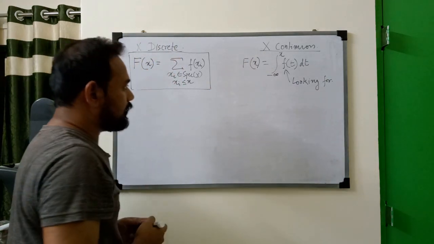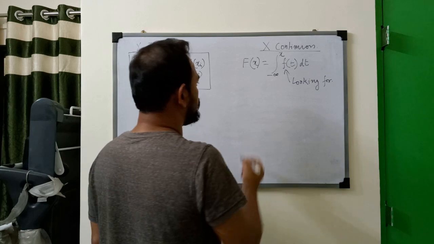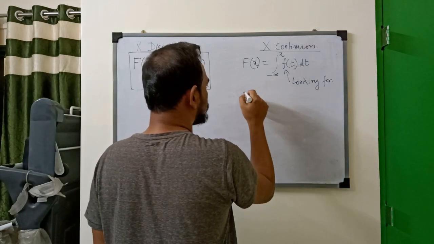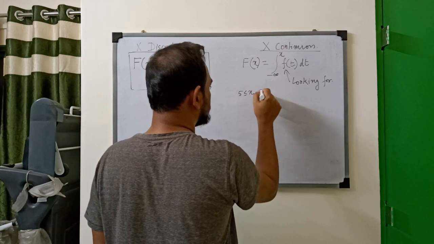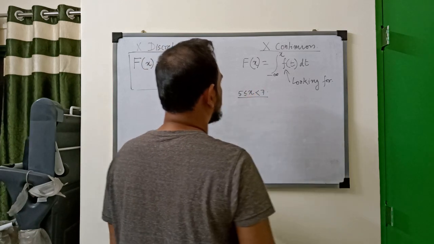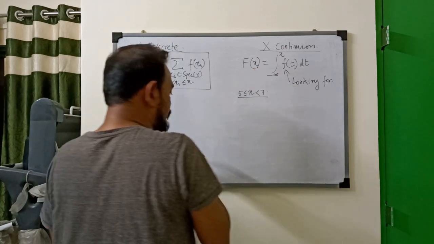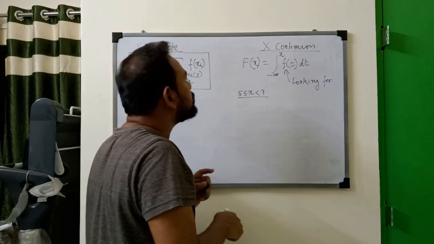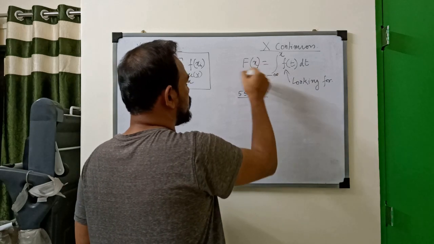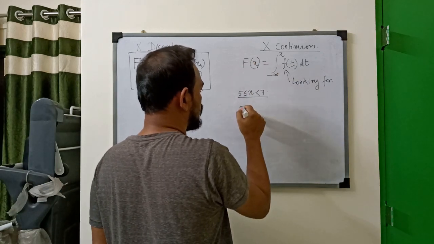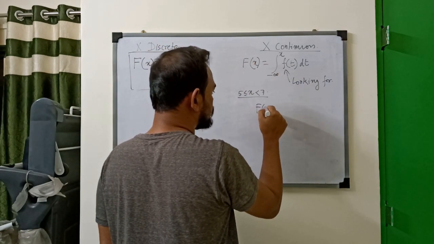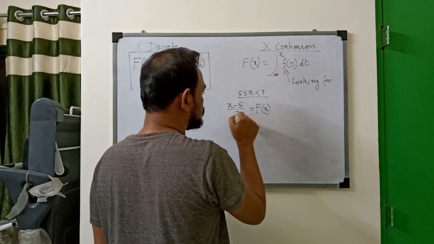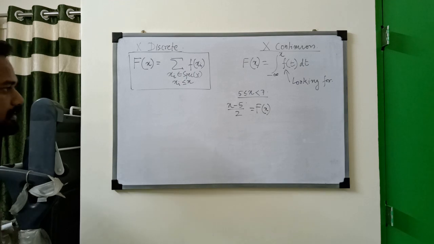Let's come back to the example that we were doing, where we were picking numbers between 5 and 7. The value of fx was x minus 5 by 2. We just worked that out.